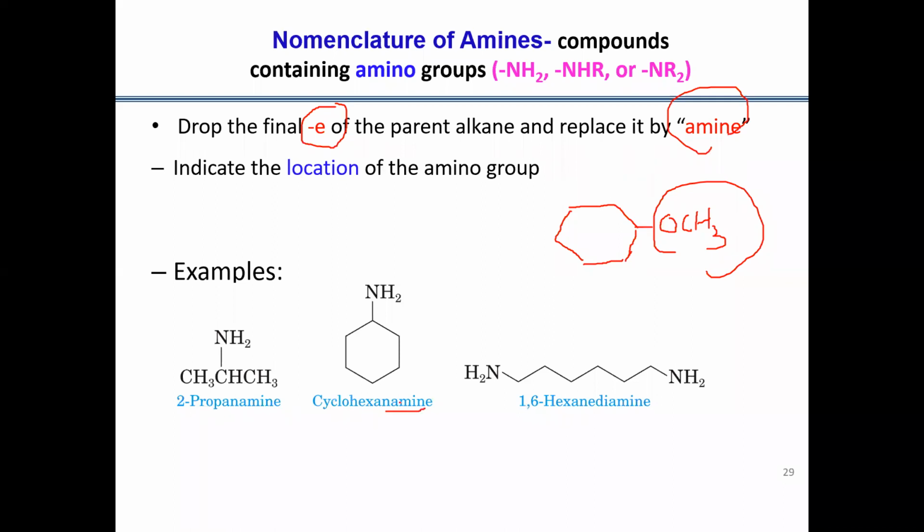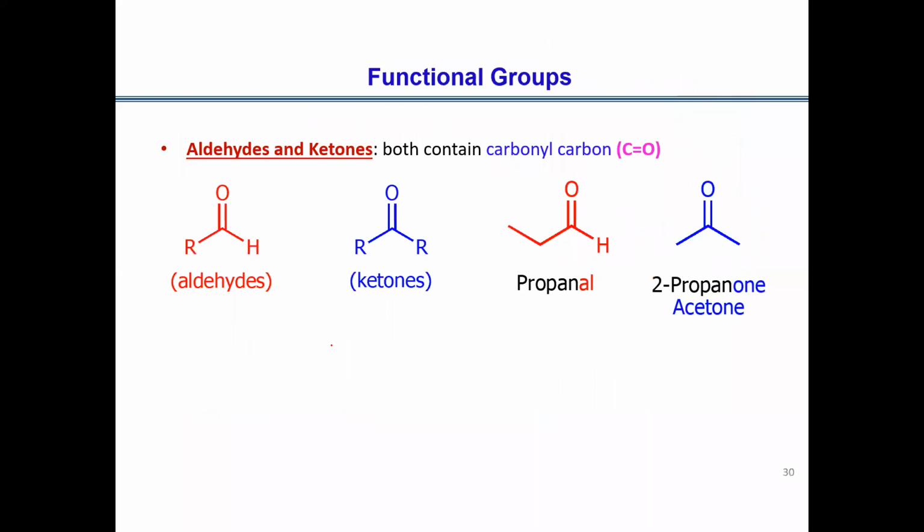We drop the E over here and replace it with amine. This becomes 2-propanamine because we start numbering from here, but either way the amino group will be at the number 2 position. So that is about the IUPAC naming of it.